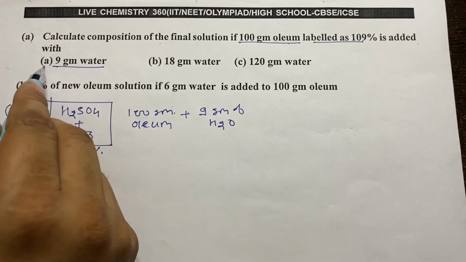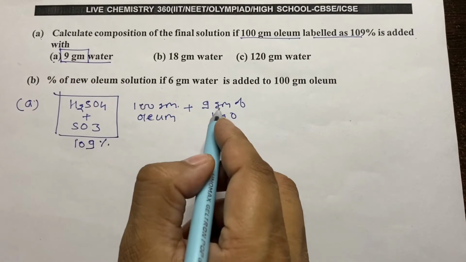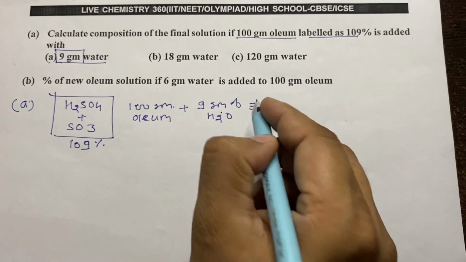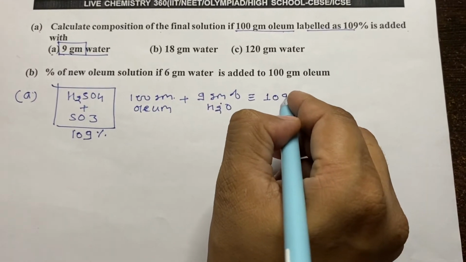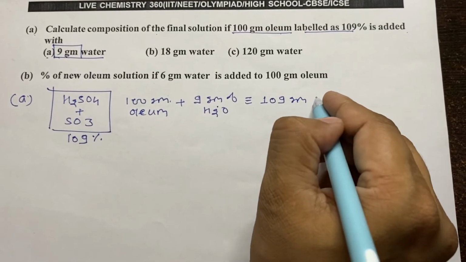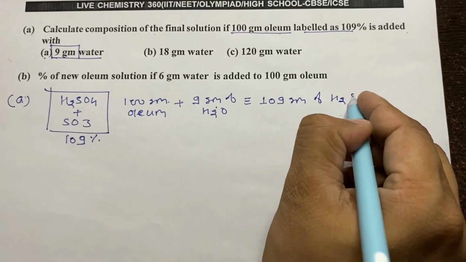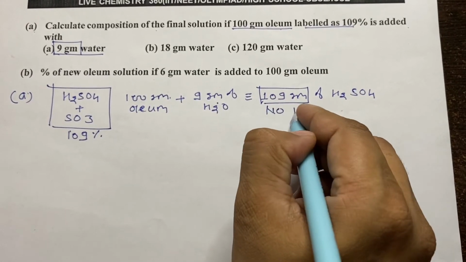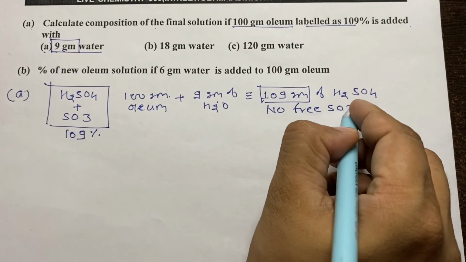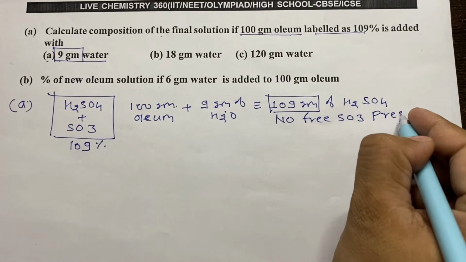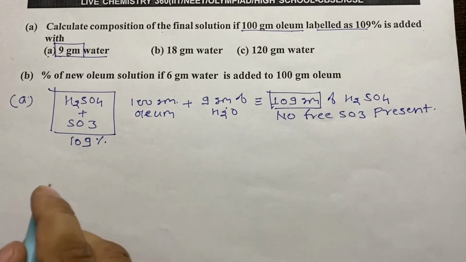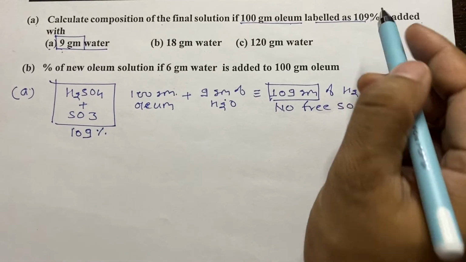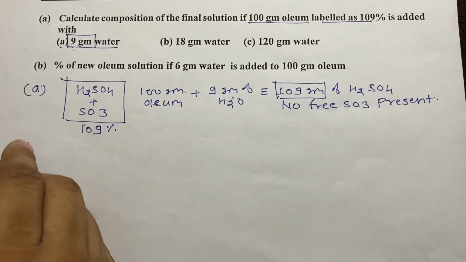And in this case we are adding 9 gram of water, which means that 9 gram of water is required and 9 gram of water we are adding. So definitely maximum 109 gram of H2SO4 will be formed, and there will be no free SO3 present. Have a look, we are adding the water as much as required by this oleum sample, so that no free SO3 will be left.